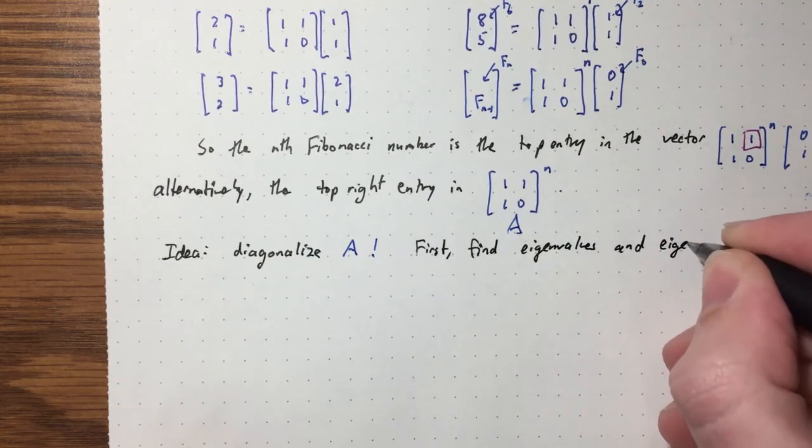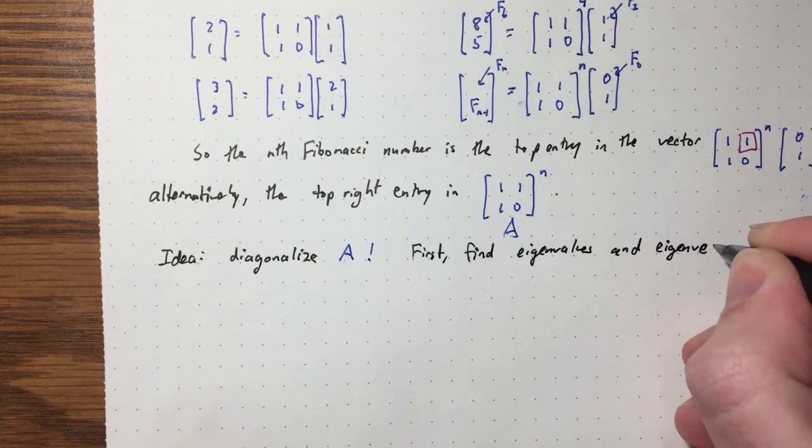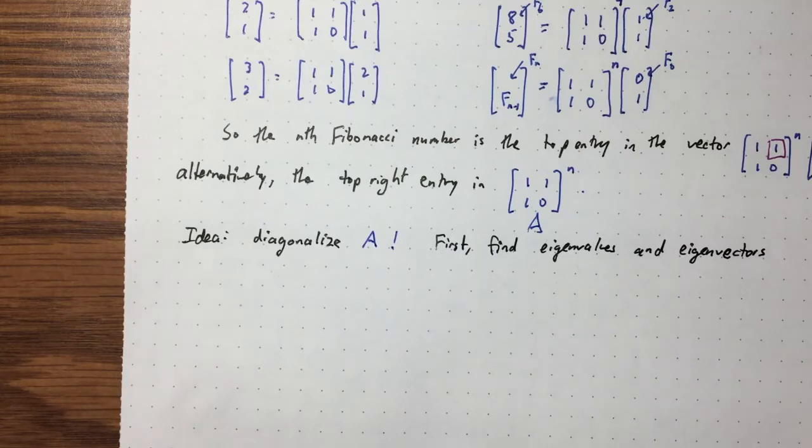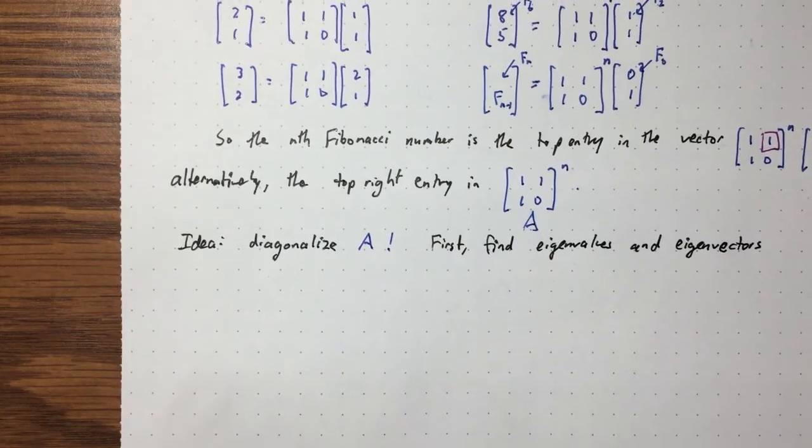I have to warn you, this matrix looks deceptively simple. It's just ones and zeros. You might think this is going to be super easy. It turns out it's extremely messy.